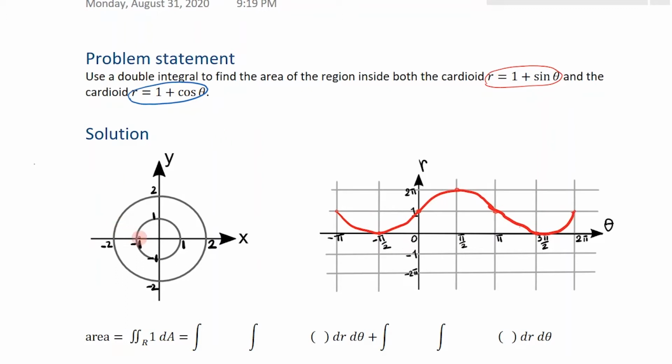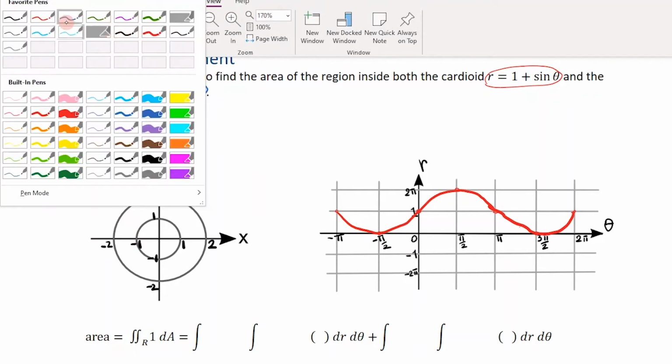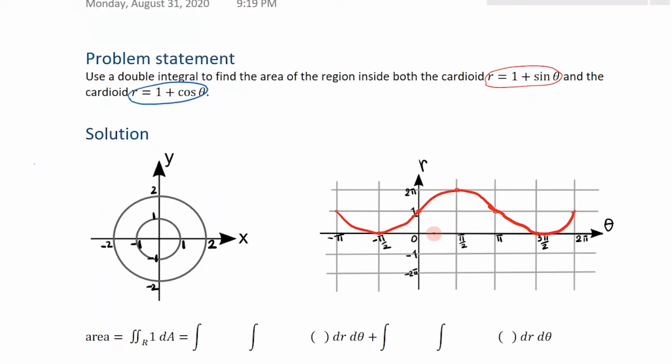Then the graph of the blue cardioid is going to look like this. It will be 1 plus cosine theta. So it's like this, like this, like this, and like that. That will be how it looks.